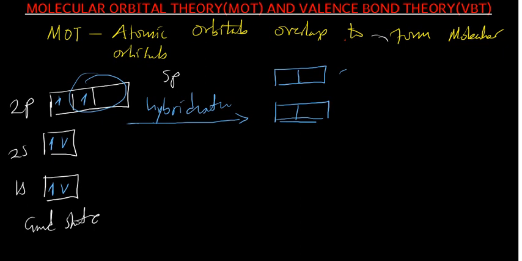So this is a 2p, and this one you can see formed here is the hybrid sp. So this one alone is sp, this one alone is sp, so there are two sp orbitals there. And then you have got the 1s which hasn't undergone any form of hybridization. So the electrons are going to be distributed here. The 1s has got the electrons just like that, and then here the electrons are going to be distributed in that fashion. So each orbital has got an electron.